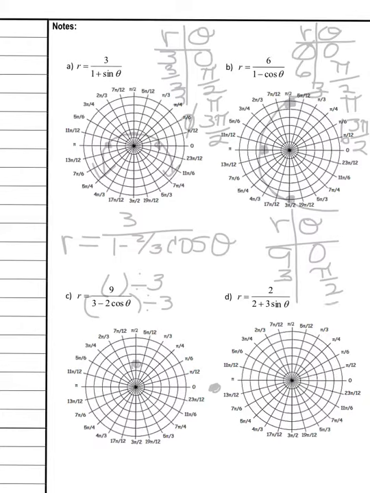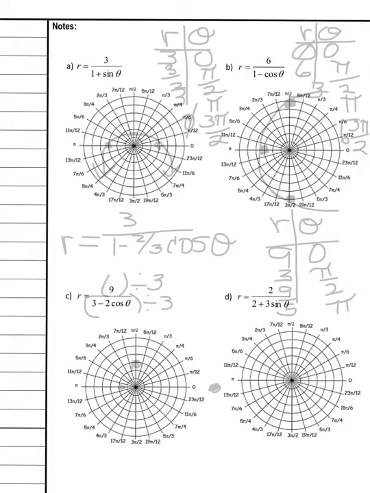Okay, then we have pi. Cosine of pi is negative 1. So that makes this 1 plus 2/3, which gives me 5/3. And I end up with 9/5, which is 1 4/5, about here.